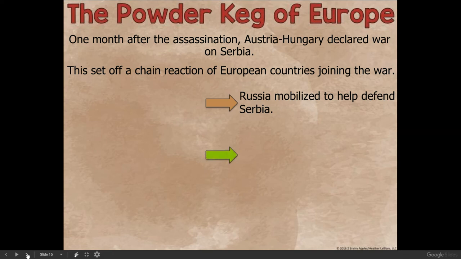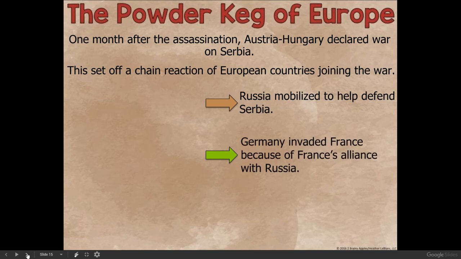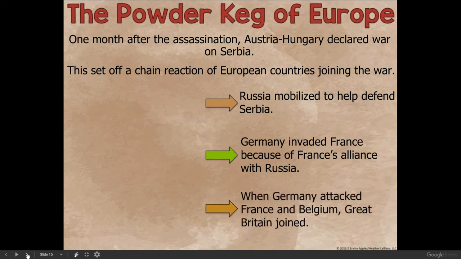Because Russia mobilizes, Germany invades France because France is in an alliance with Russia. So Germany goes in and invades France. And then when Germany invades France and Belgium, Great Britain joins because they are in an alliance with France. So you can see how a conflict between two countries, Austria-Hungary and Serbia, ends up being a conflict between all of those European countries because of that previous alliance system.